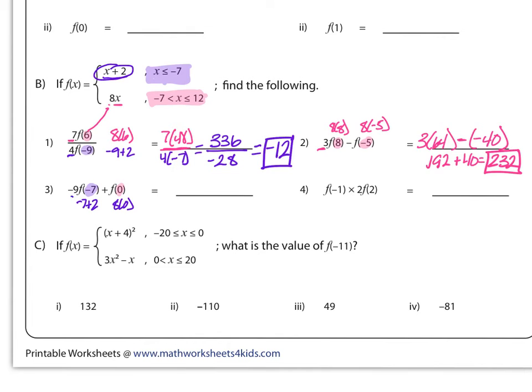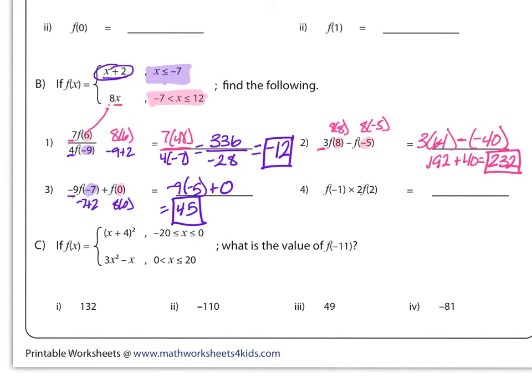So we've got the negative 9 here, so I've got negative 9 times negative 7 plus 2, which is negative 5, plus 8 times 0, which is 0. So negative 9 times negative 5 is 45. And adding 0 doesn't change it. Great. Good job, you guys.